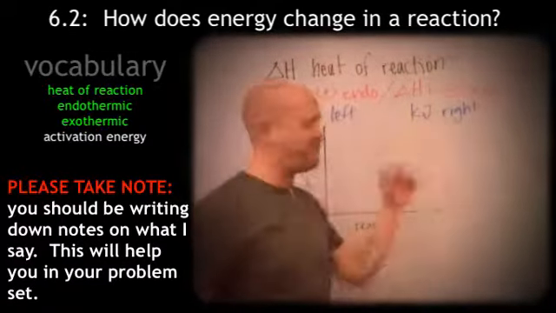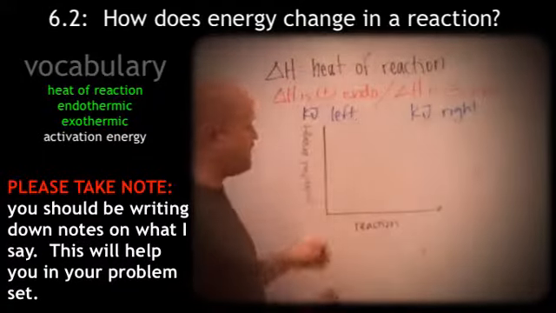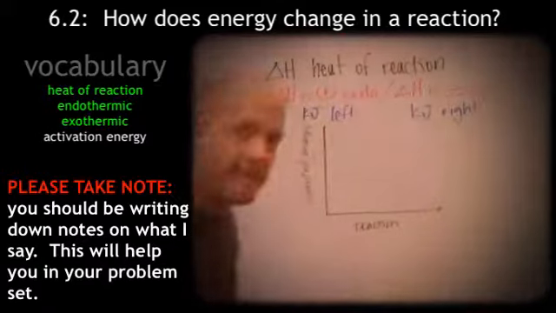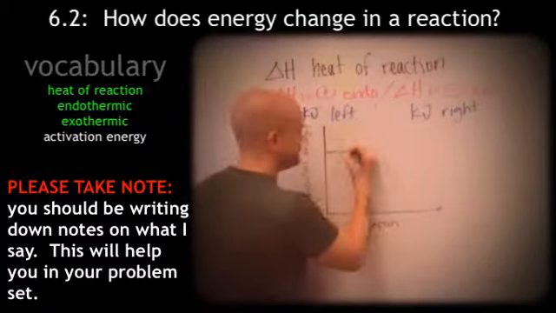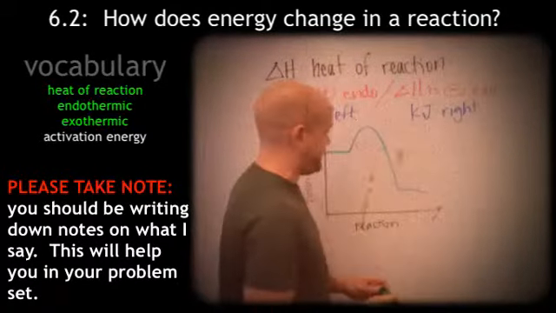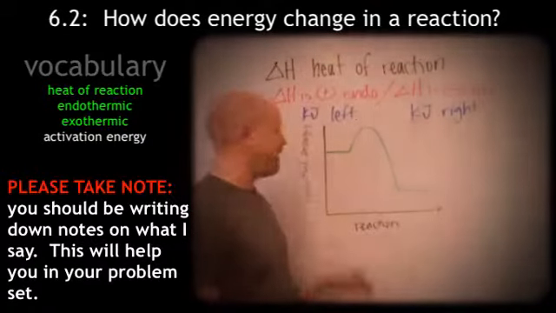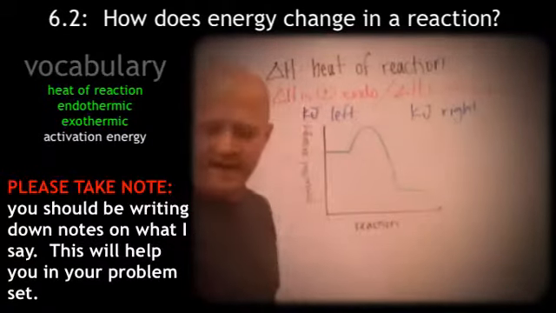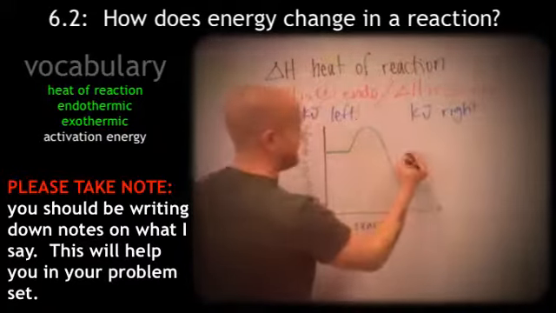So as the reaction progresses, we're going to look at the energy level of both an endothermic and an exothermic reaction. So this is an example of what the reaction coordinates would look like for an endo or exothermic reaction. Before we do this, there's a lot of information here that I want you guys to know.